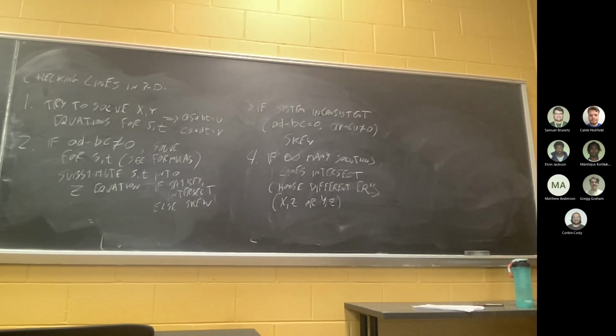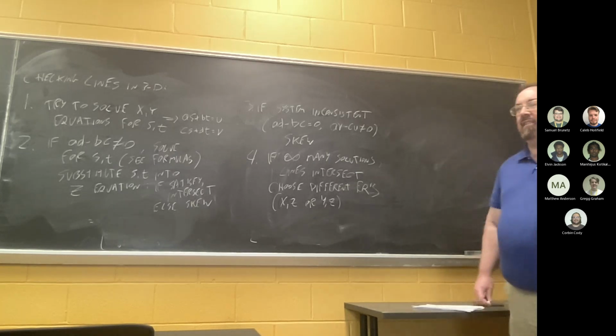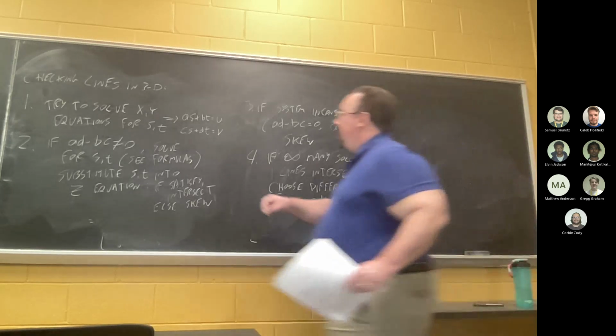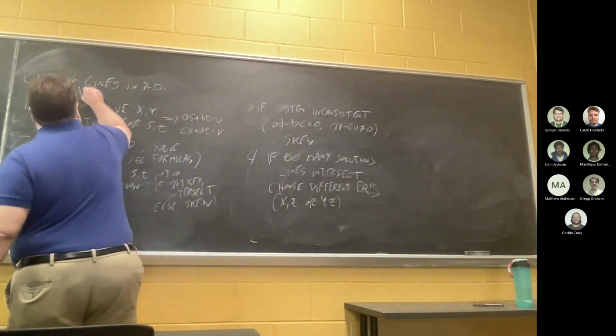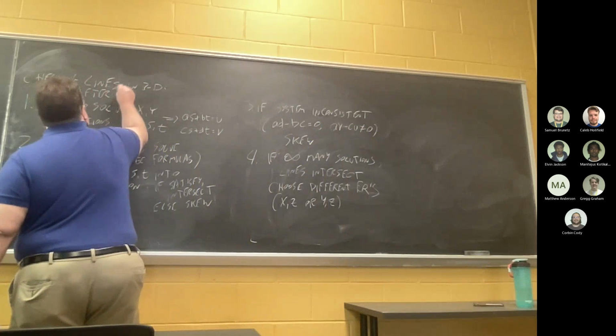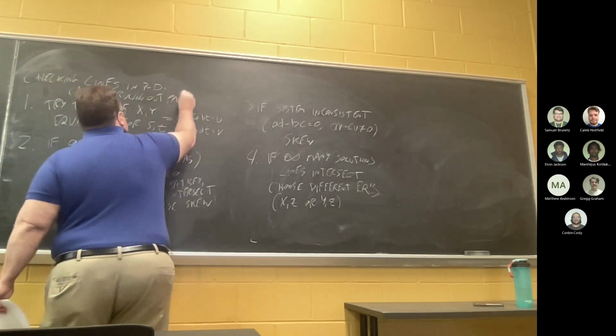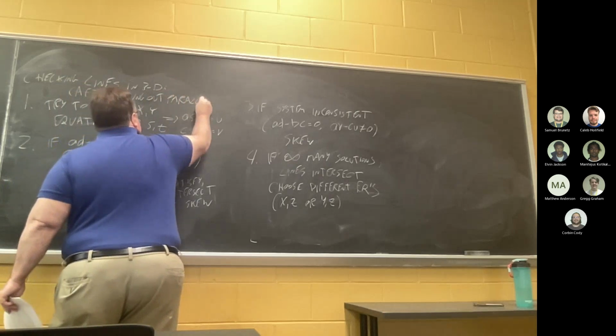You wrote that if F, G, H is parallel to F2, G2, H2, then the lines are parallel. Yes, it's that. Actually, you've already ruled out that they're parallel.